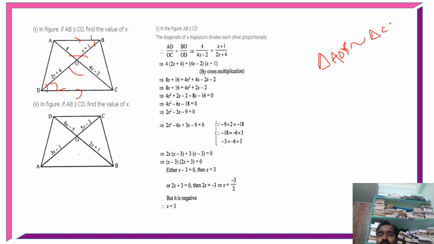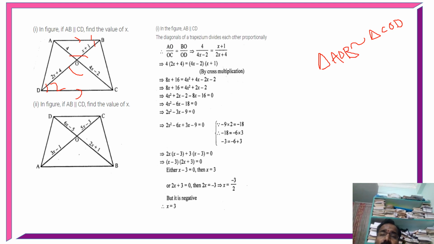So when two triangles are similar to each other, by CPST, just like you learned CPCT, corresponding parts of congruent triangles, here also, corresponding parts of similar triangles. AOB is similar to COD by the AA similarity rule.